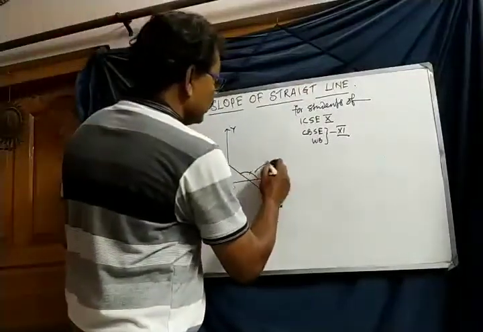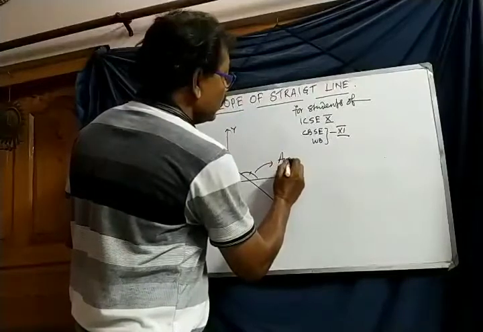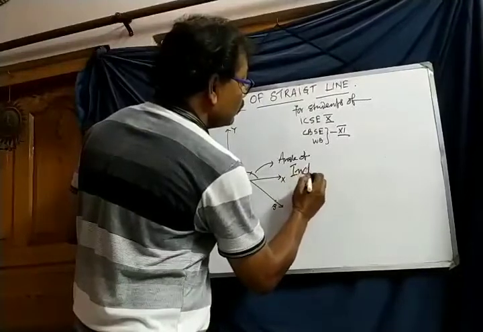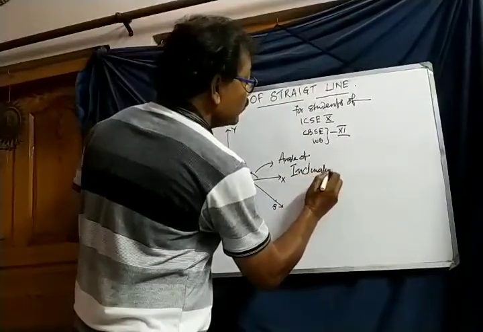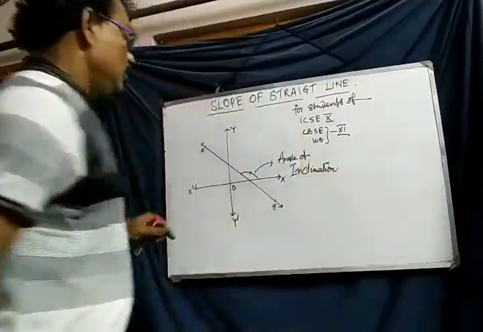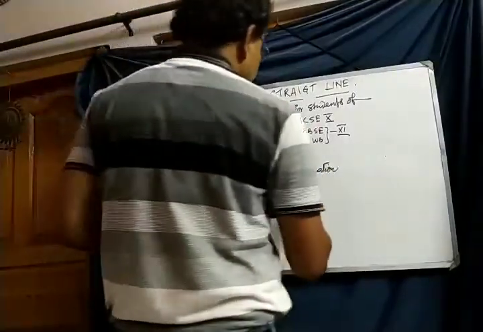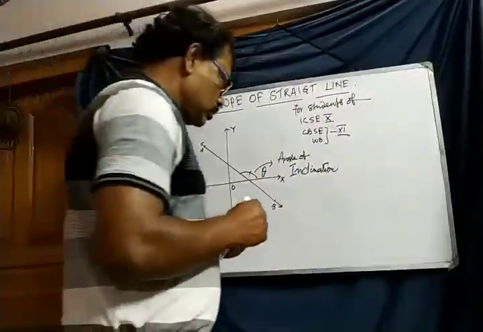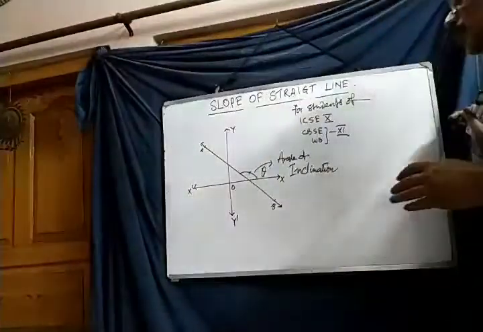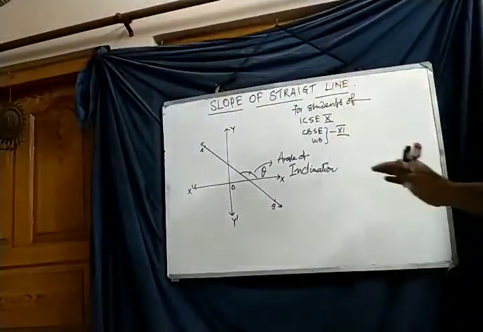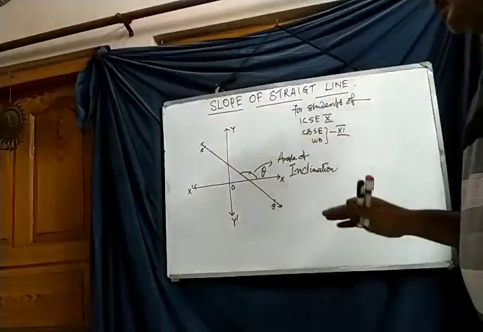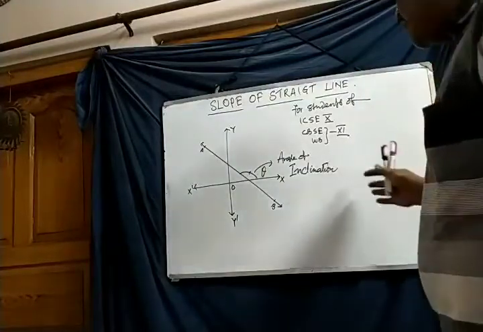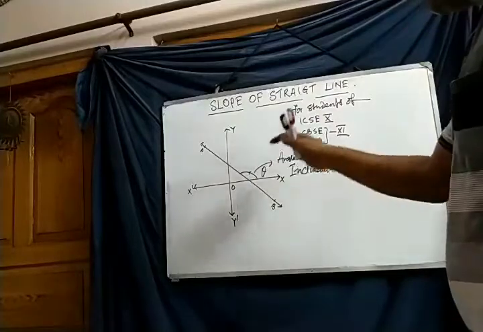This angle is called angle of inclination and generally denoted by theta. Therefore, in the chapter slope of the straight line, at first we have discussed what is angle of inclination.